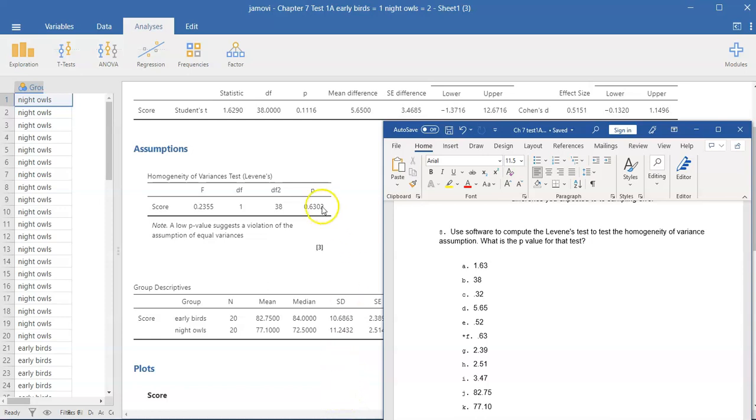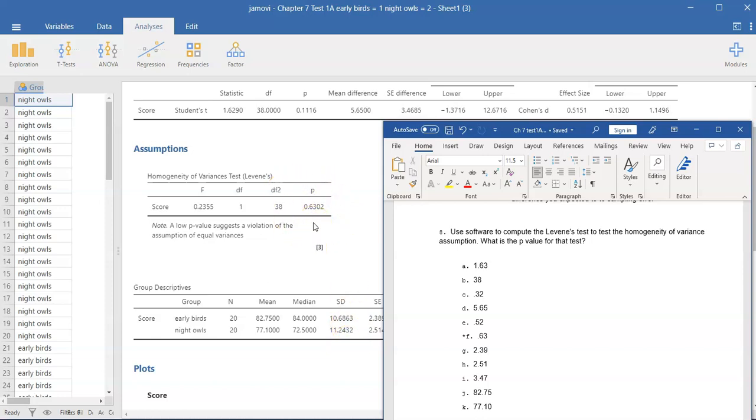That's what we're testing here. This Levene's test is for the homogeneity of variance assumption. Basically we're looking at the variability in the two conditions. One is about 10.7, and the other one is 11.2. Those are not very different from each other at all. These are very similar measures of variability in the two conditions, and that's why this p-value is so high.